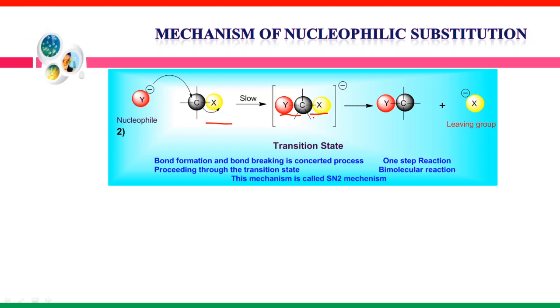That is, bond formation and bond breaking are a concerted process, giving a transition state which breaks down to give the substitution product. It is a one-step reaction proceeding through a transition state. This type of mechanism is called the SN2 mechanism.